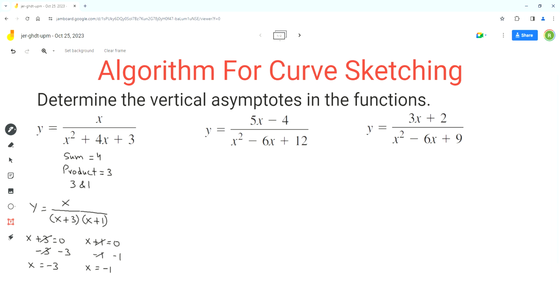So now we can analyze the second function. We should try to factor the expression in the denominator. Now this trinomial cannot be factored because there are no two numbers whose sum is equal to -6 and product is equal to 12.